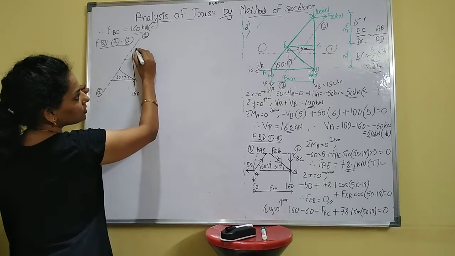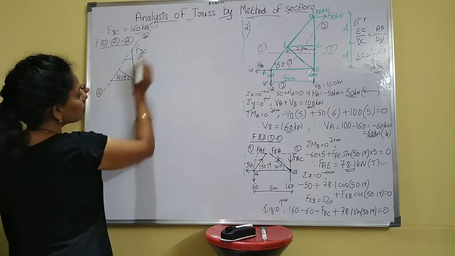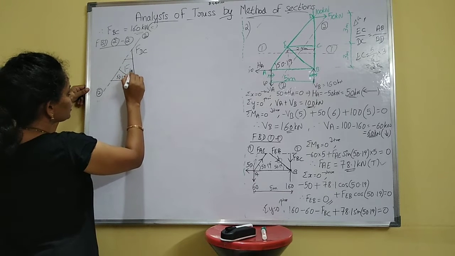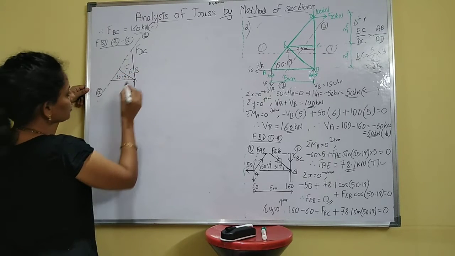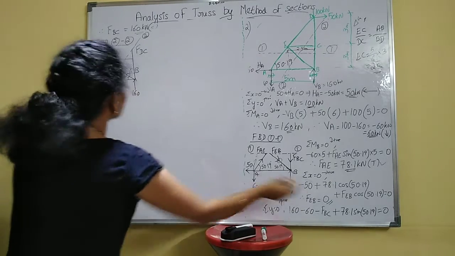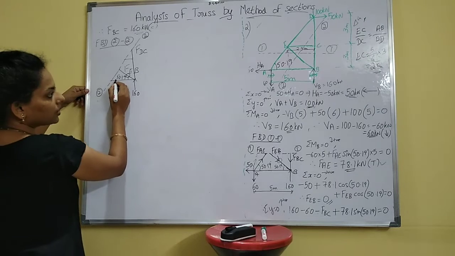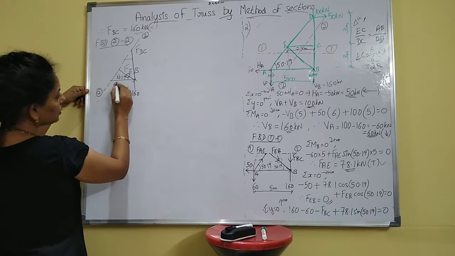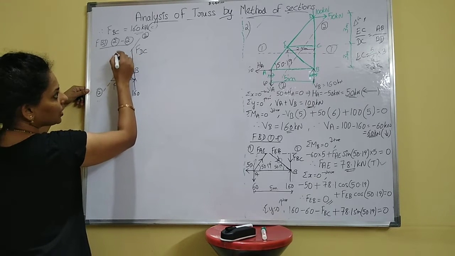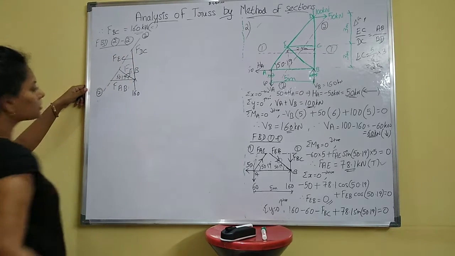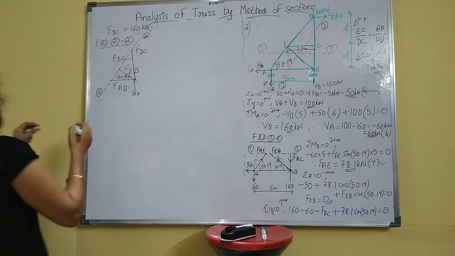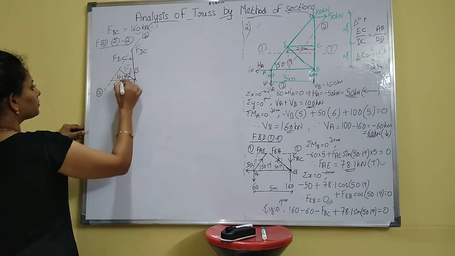This force is FDC. Here this member is FEB, which is equal to 0, as previously you got FEB as 0. Then this is FAB and this is FEC. Just mark the directions as assumed.